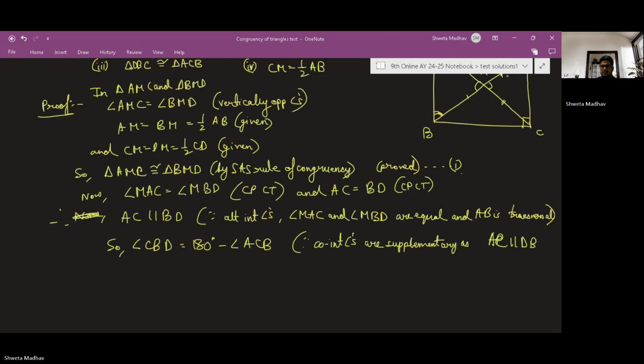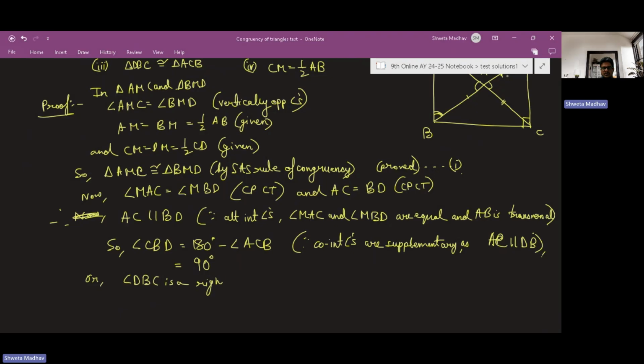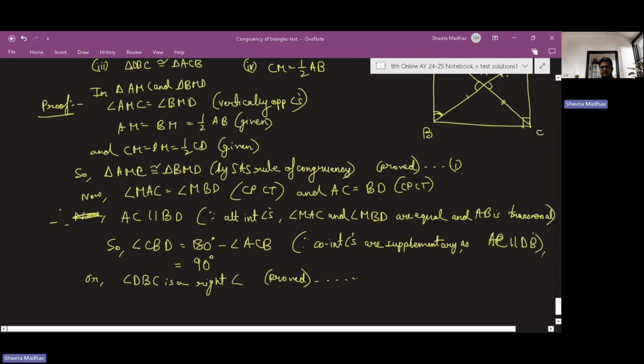We have proved it. So hence CBD will be equal to 90 degrees. Or I can say that angle DBC is a right angle. So hence the second part has been proved.